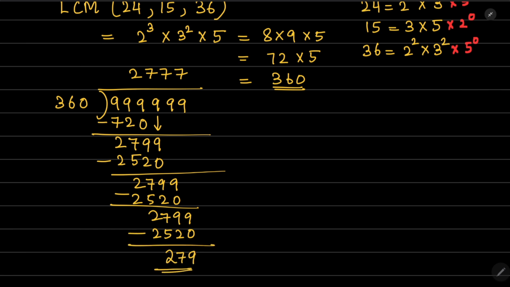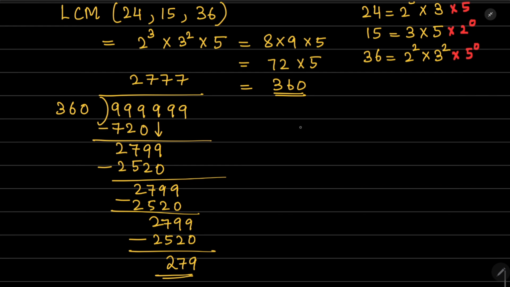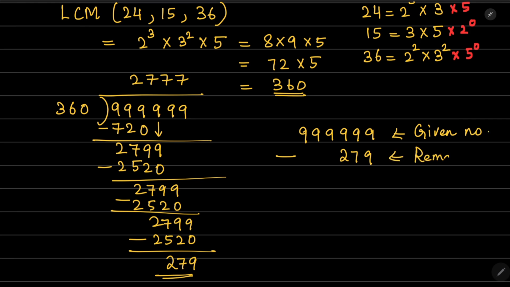279 is the remainder. Now, if you subtract the remainder 279 from the given greatest number, you will get a number which is divisible by 360.